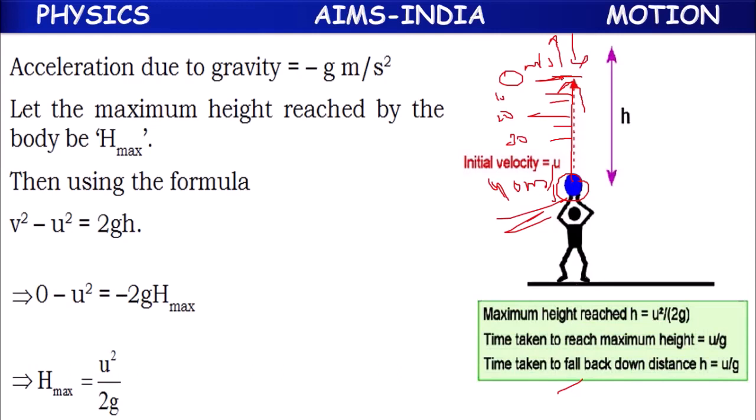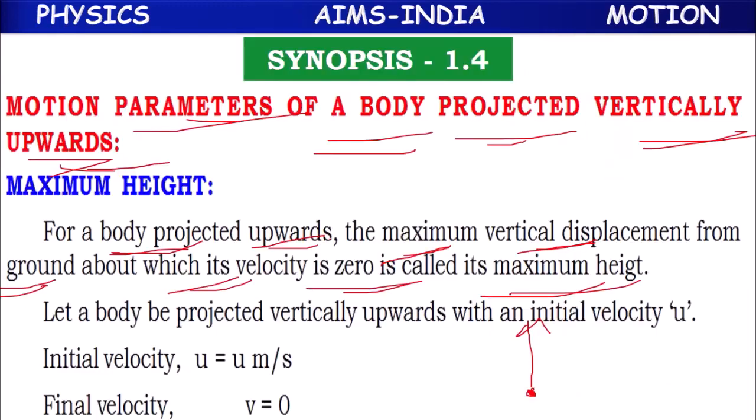So the velocity 0 at that point. From the initial point to the point where the velocity is 0, whatever distance is traveled by the body is called the maximum height reached by the body.